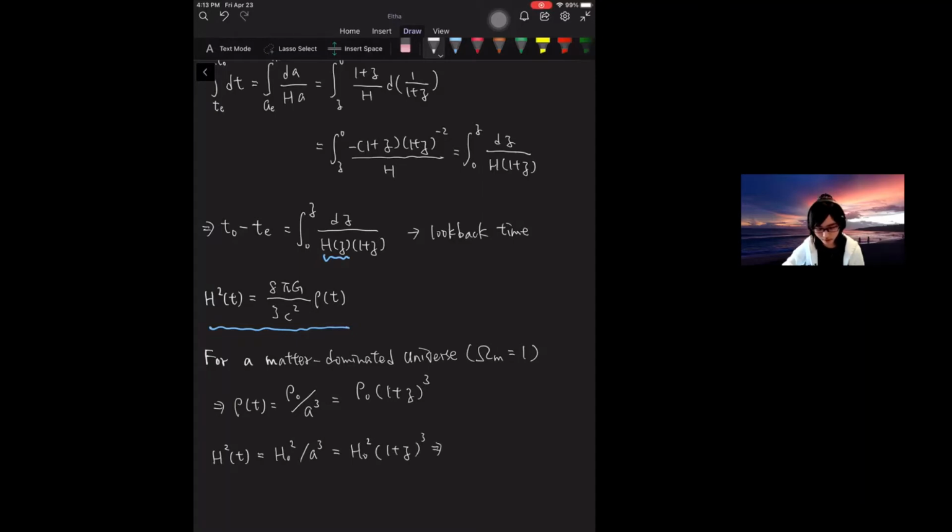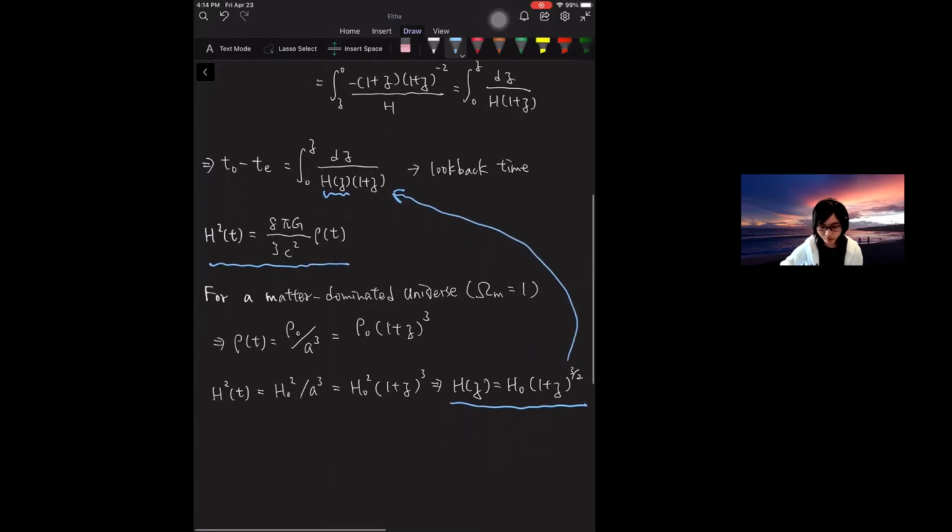And that means we have H of z equal to H0 times (1 plus z) to the 3/2, right? Now we can plug this into the look-back time equation and see how time is related to redshift in a matter-dominated universe.